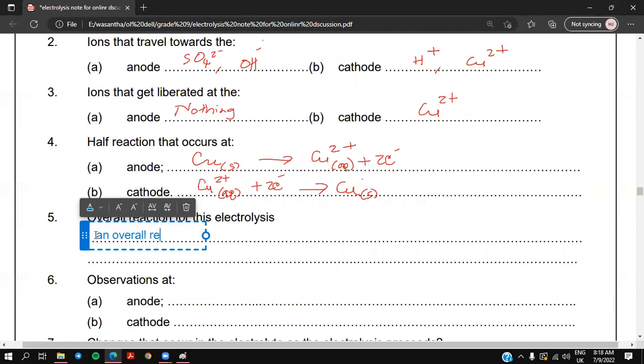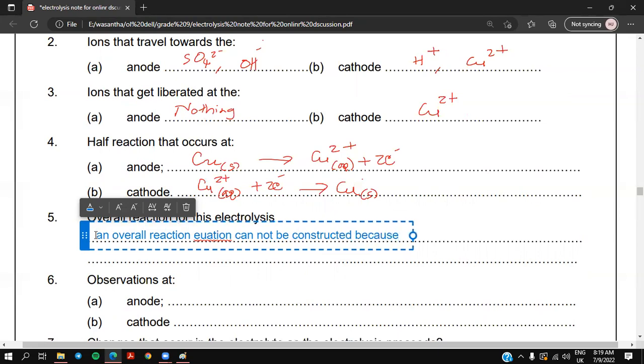Overall reaction for this electrolysis: an overall reaction equation cannot be constructed, because all the species cancel out.